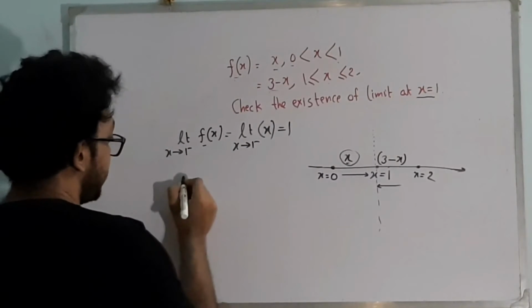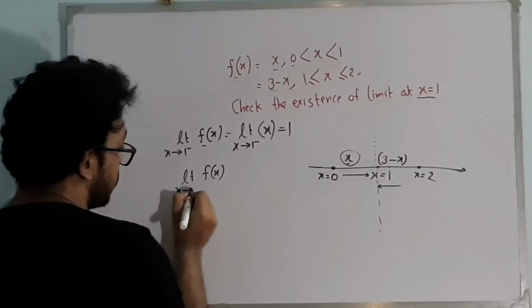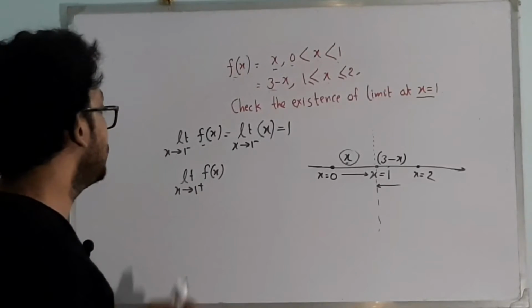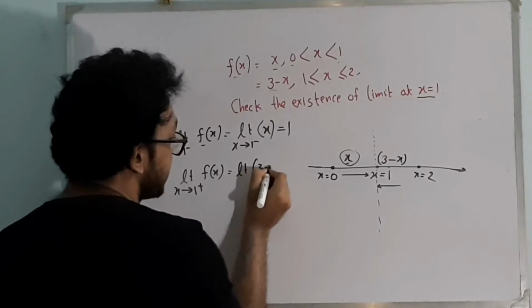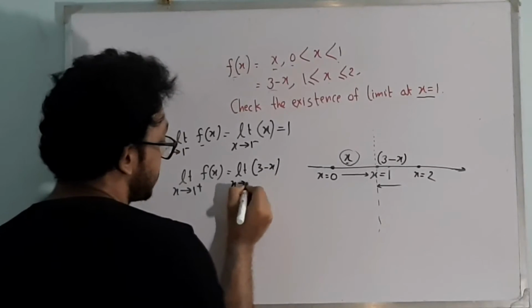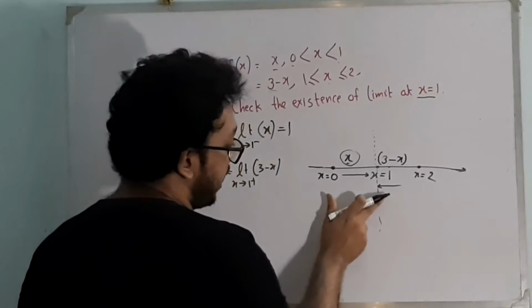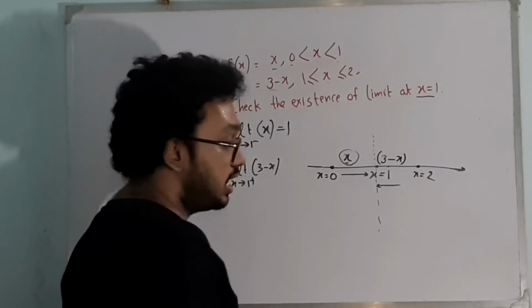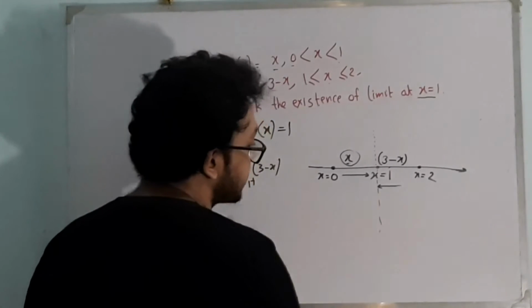Now let us calculate the right hand limit. The right hand limit of the function f(x) at x equal to 1, which is denoted by limit of f(x) when x tends towards 1 plus, will be equal to limit of 3 minus x when x is tending towards 1 plus. Why? Because when we evaluate the right hand limit, we approach x equal to 1 from the right hand side.